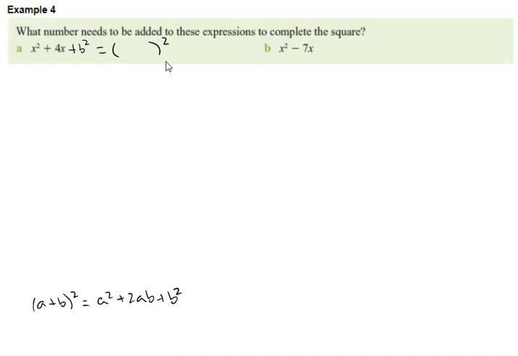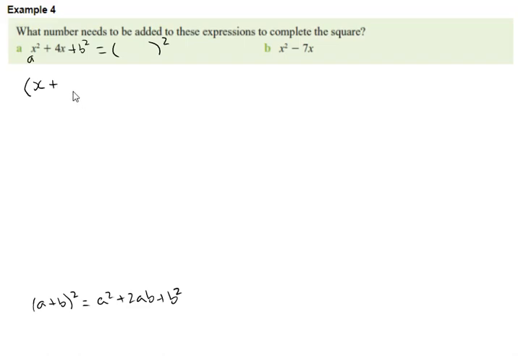Now remember, I'm not using a and b. What's my a going to be here? My a is actually going to be x, isn't it? Realistically, I'm going to write this backwards to help you see what we're doing. In my bracket, instead of a, I'm going to put an x.